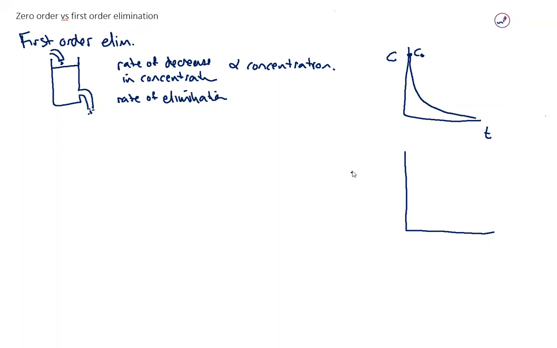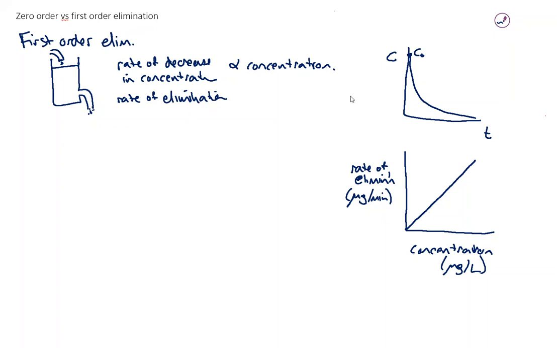And if we were to plot the rate of elimination against the concentration, these concentrations are always plasma concentrations, okay? So we're looking at the rate of elimination, say, micrograms per minute. Concentration might be micrograms per litre. As the concentration in the plasma is 0, there's no rate of elimination, but as the concentration increases, the rate increases. So this is first order elimination.